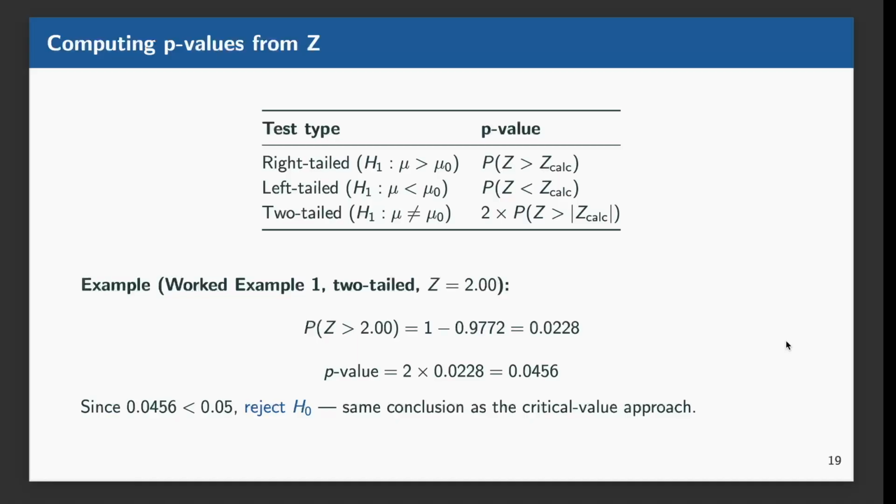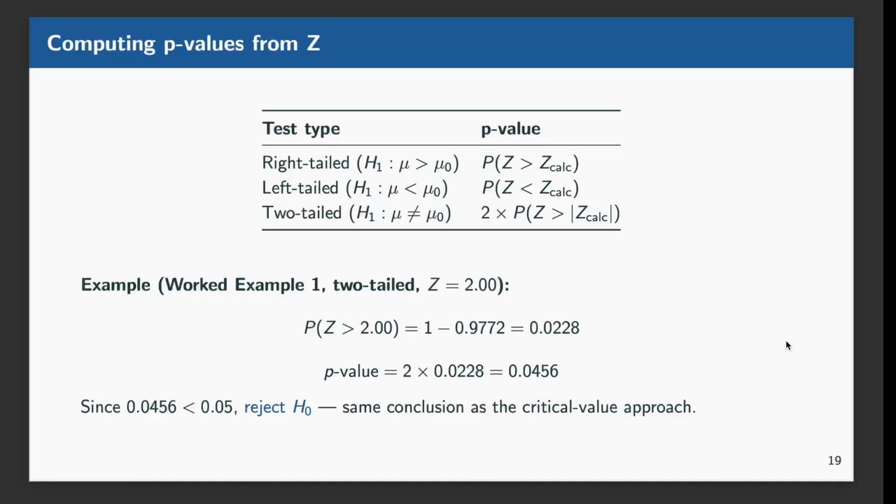Let's revisit worked example 1 from earlier, our two-tailed test where z equaled 2.00. Looking this up in the z table, the probability that z exceeds 2.00 is 1 minus 0.9772, which equals 0.0228. Doubling that number, since this is a two-tailed test, gives us a p-value of 0.0456.